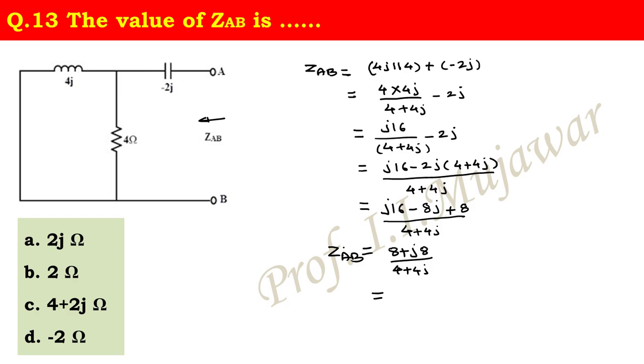Then shift, plus equal, so your value is 2, this is the magnitude, then shift equal, the angle is 0. That means for this particular circuit, your impedance ZAB is nothing but 2 ohm. That means the reactive term gets cancelled. So the correct option is B.